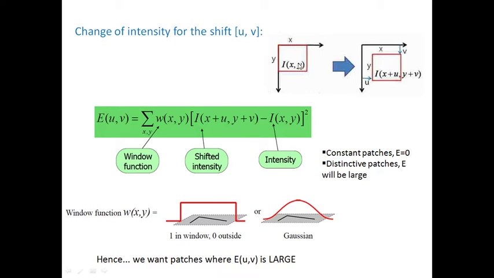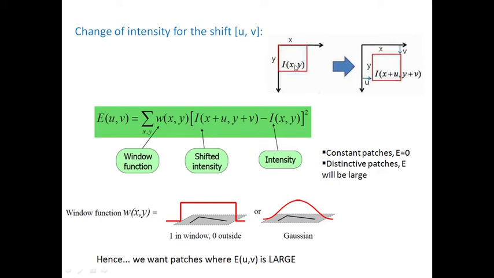If I shift or translate it to the location u comma v, that means x is shifted by u units and y is shifted by v units, so the window concentrates on another pixel giving the intensity I of x plus u comma y plus v.